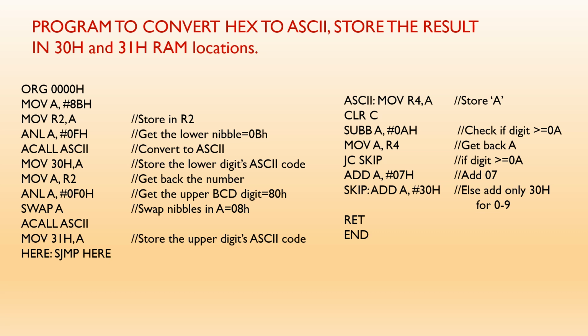First I'll add 7 to A, and later the next instruction, add 30 to A, is executed. So totally 37 is added to the contents of the accumulator if the hex data is greater than or equal to 0A. The converted ASCII value is now in the A register.